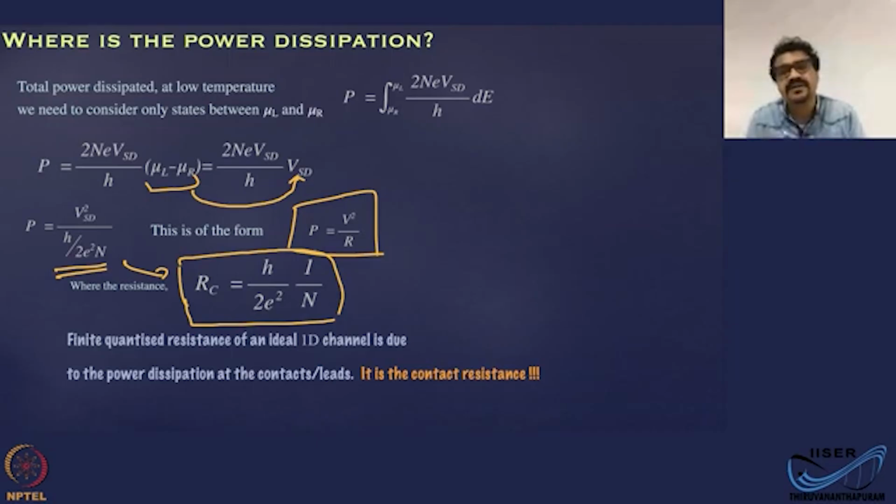So there is only one way that you can get a resistance, that is when this channel meets the bulk, or meets the source and drain. So whatever quantized resistance you are measuring is actually the contact resistance of the lead.